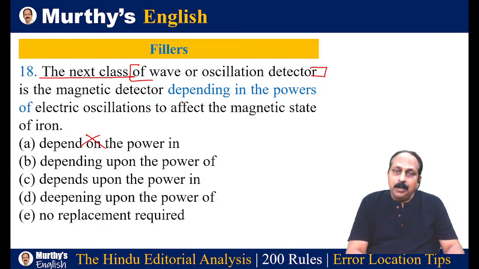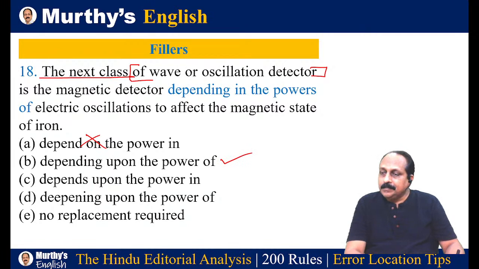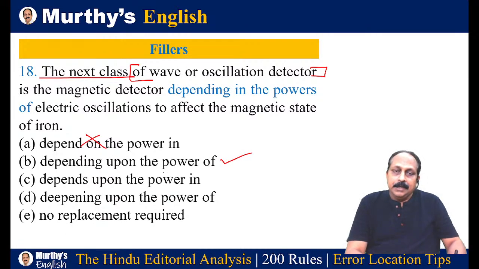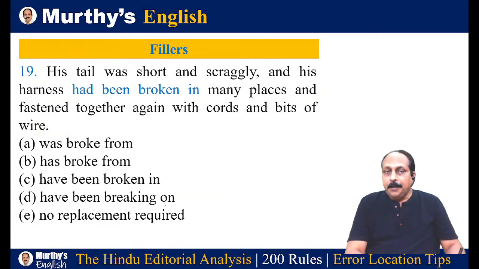Depends upon the power in, but you cannot use it because depending upon the power of, it's not deepening. Answer should be B. That's right. It is not A. Answer is B. Depending upon the power of.